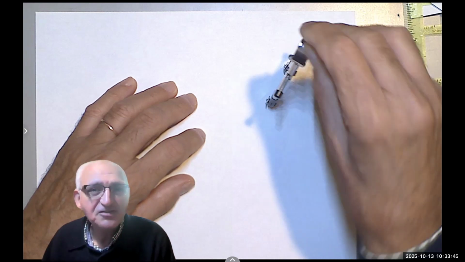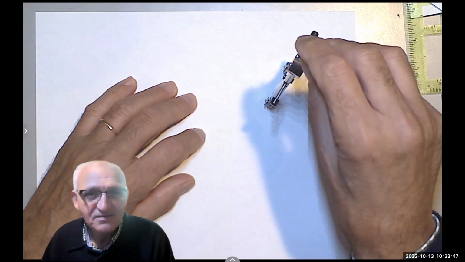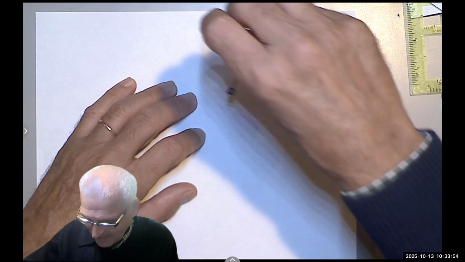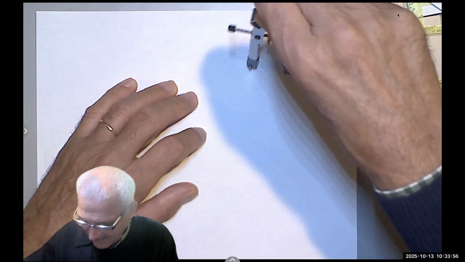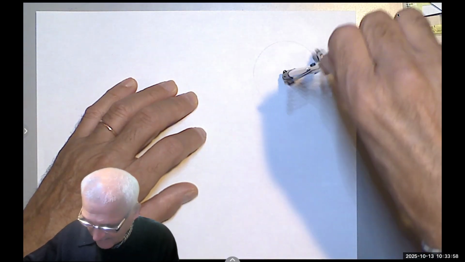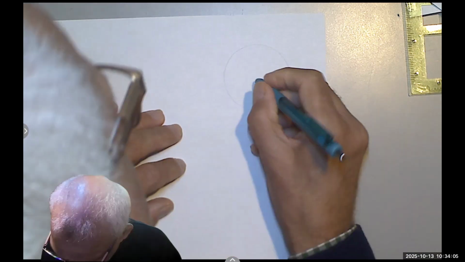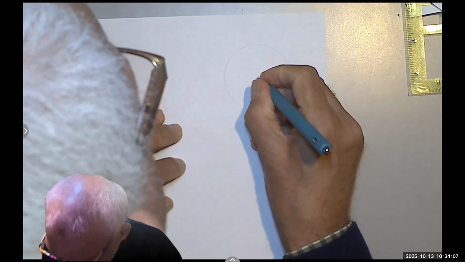Do you remember the centroid of a semicircle? Anybody remembers from what we did in engineering statics? It's 4r over 3 pi. Anyway, if you can't remember it, it's okay.